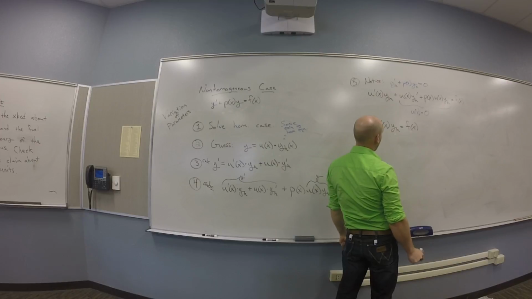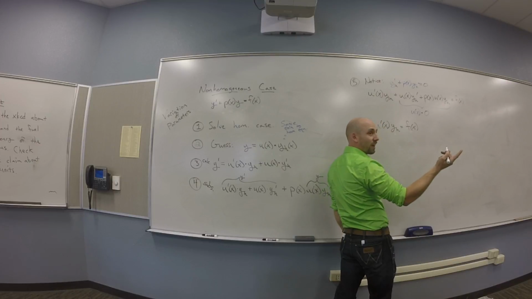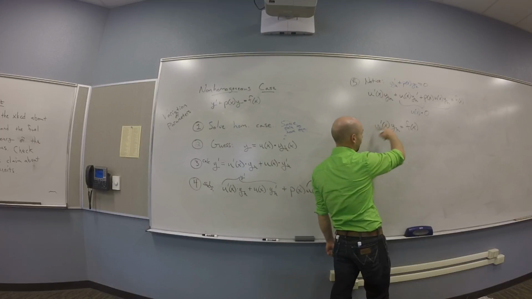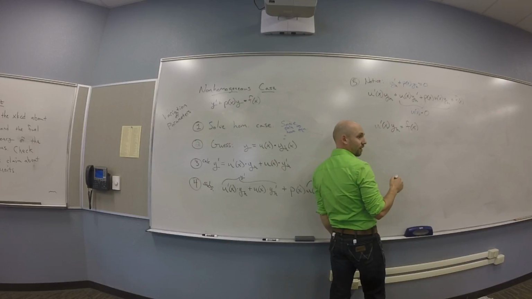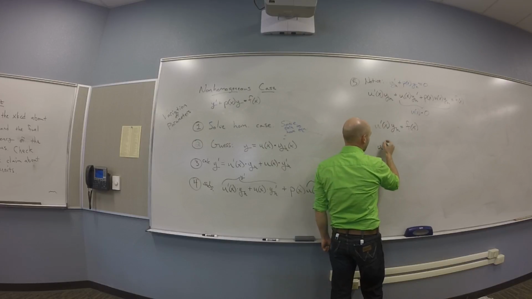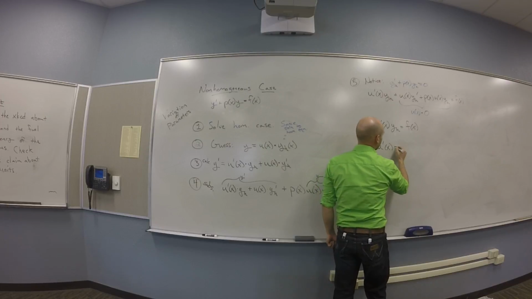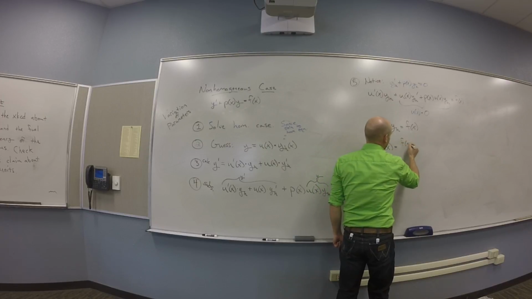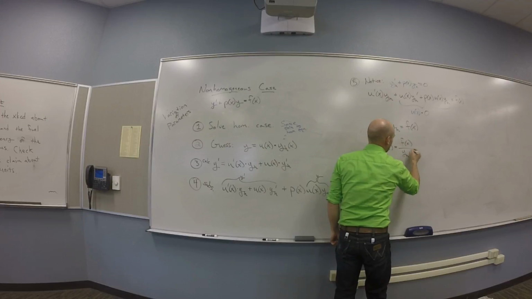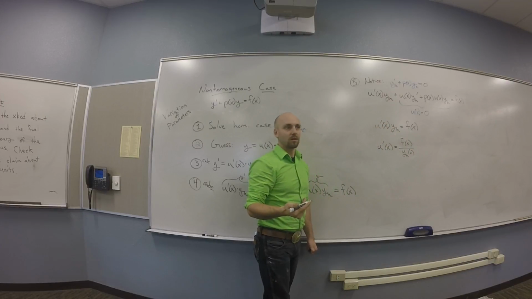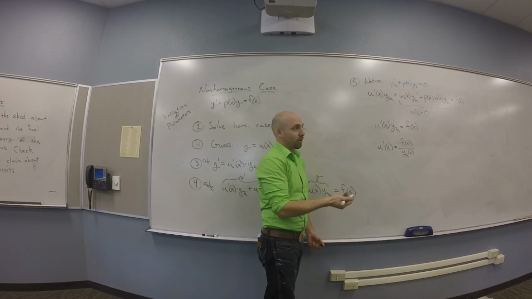And I need to find u, so I should just solve for u. How do you solve for u here? Just divide by yh. So you get u prime of x is f of x over yh, which is a function of x, right? And then integrate, because you just want to drop the derivative.